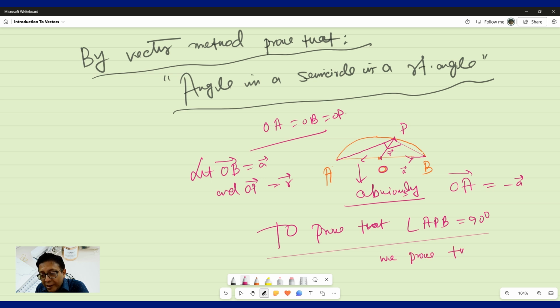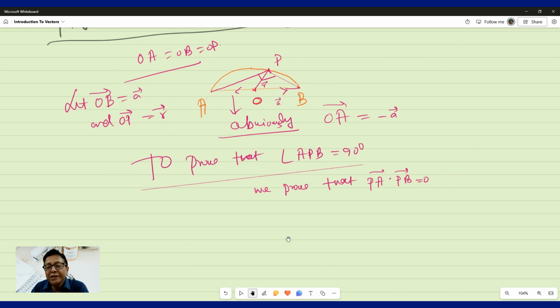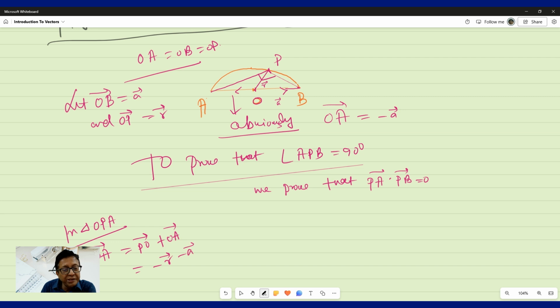We prove that PA dot PB equals 0. What are PA and PB? You can go by the triangle law. In triangle OPA, PA vector is what? PO plus OA, that is minus R minus A.